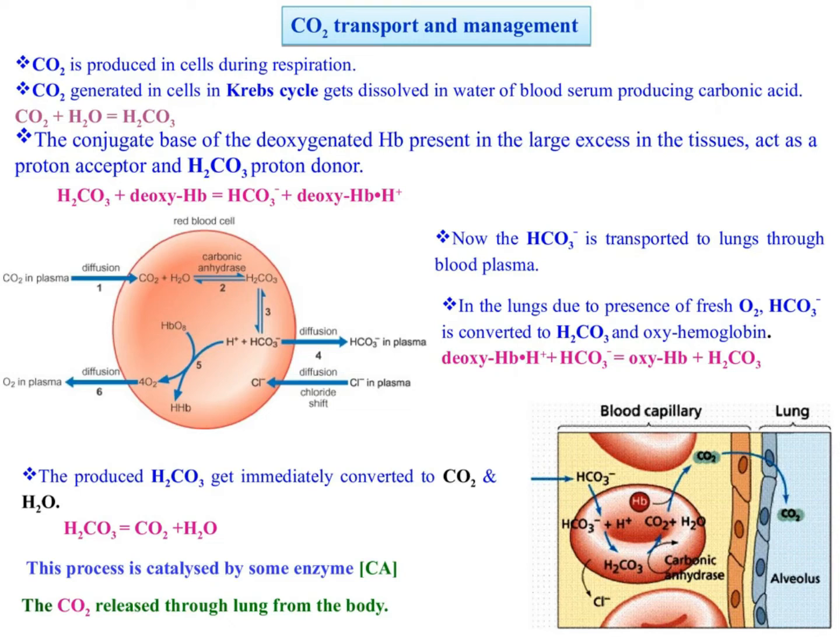This carbon dioxide gets released from the lung as well as our body, and this process may occur spontaneously or be catalyzed by a catalyst present in our body, and that catalyst is nothing but carbonic anhydrase.